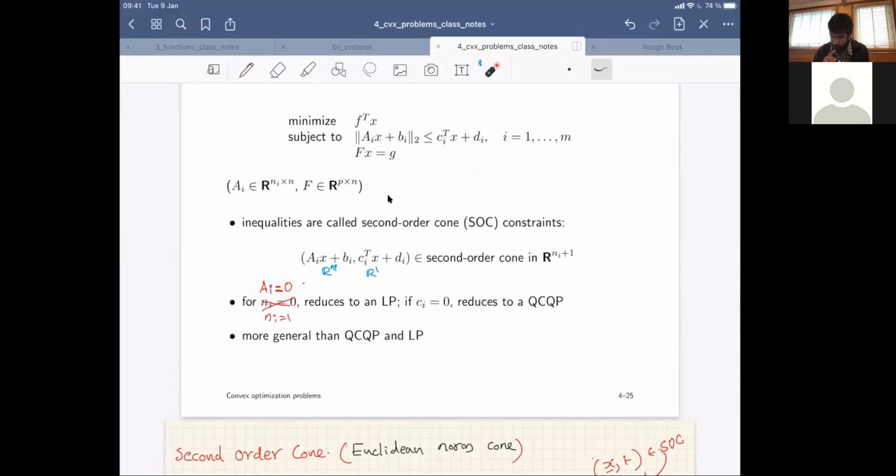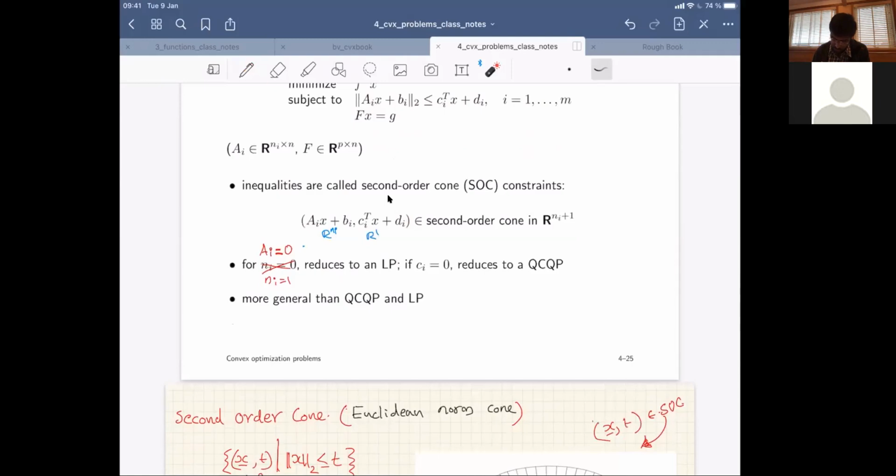One thing is that here we were writing just one inequality, but it can have several inequalities, for i equal to 1 to m. So in total, there are m second order cone constraints here, with A_1, A_2, A_3, like that. It's like saying we have several second order cones and we're considering the intersection of all.